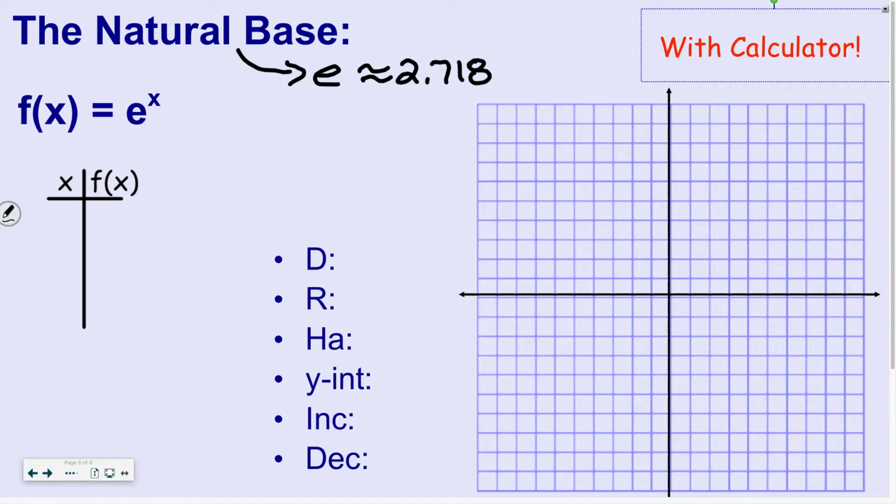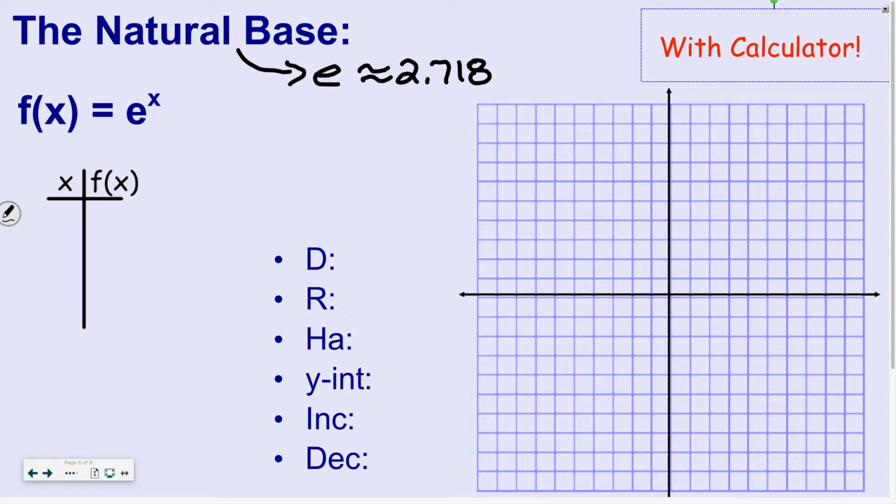You know, between your 15th and 16th birthday, you grow all the time. You don't grow 2 inches the morning you turn 16, right? That would be weird. So natural base represents what happens in nature when you're constantly growing. You don't grow on a schedule. You grow. Okay? So let's do f of x equals e to the x.